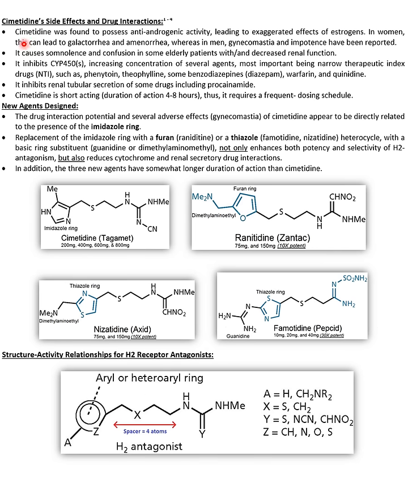The discovery of cimetidine was a breakthrough at that time, and this drug was used to treat cases like peptic ulcer, gastric ulcer, and GERD for a long time, from the 60s until the 80s. But then new agents were discovered.